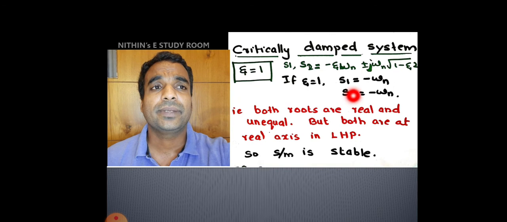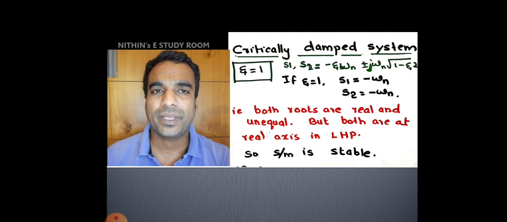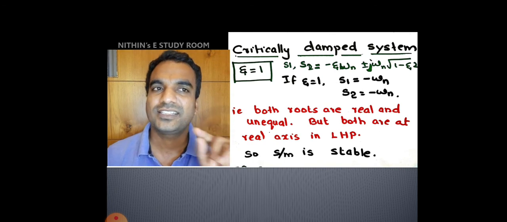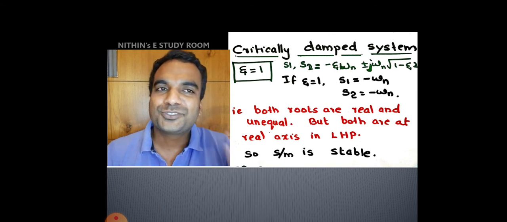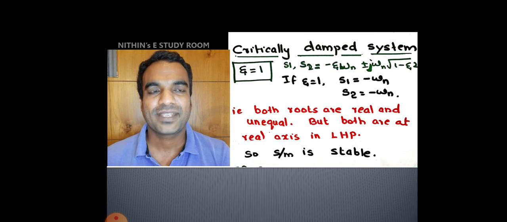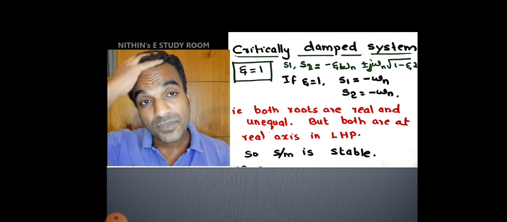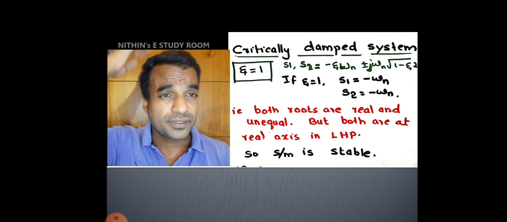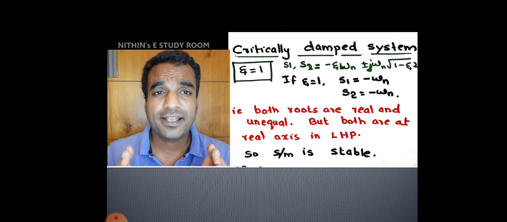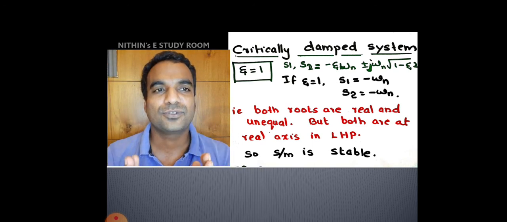Then S1 will become, because if you substitute eta as 1 here, this whole term becomes 0, and S1 will become minus eta omega n, where eta is equal to 1. So S1 is minus omega n. S2 is also minus omega n. So what is the thing?